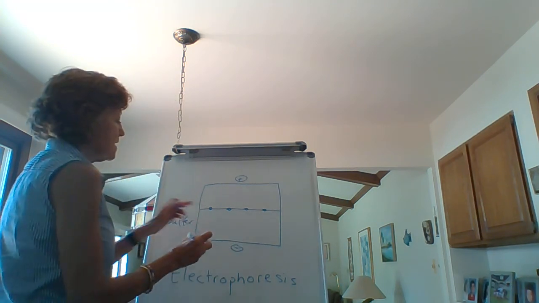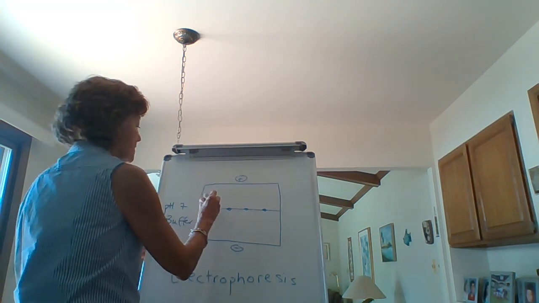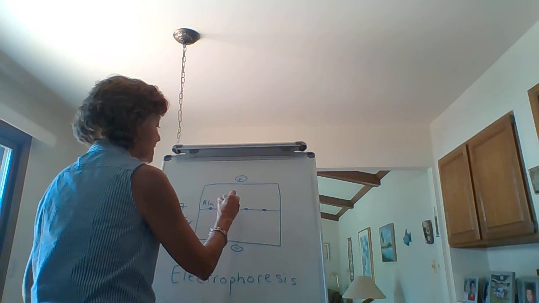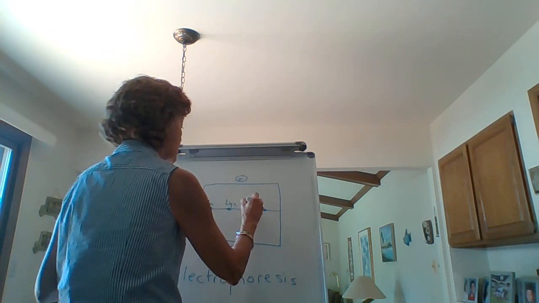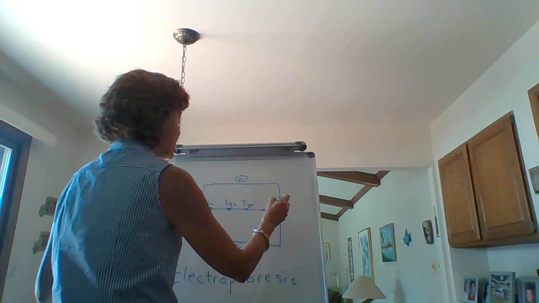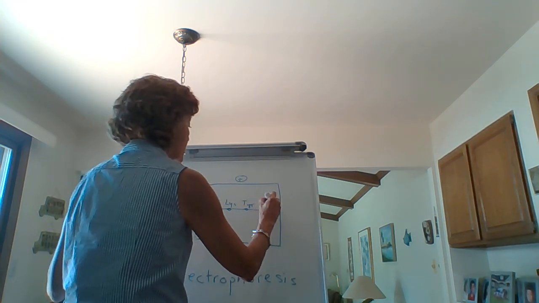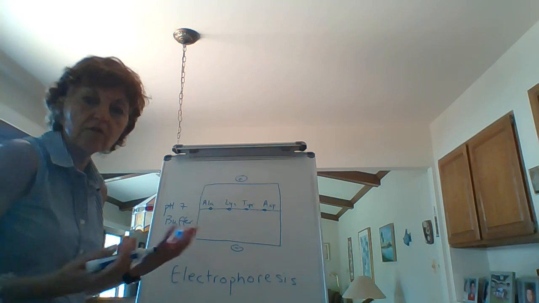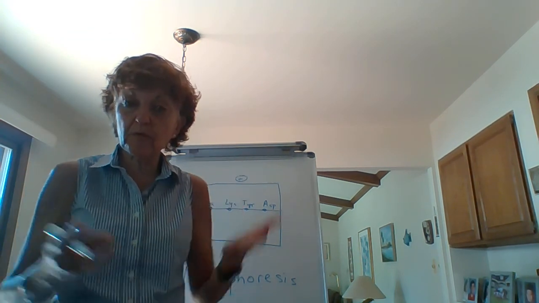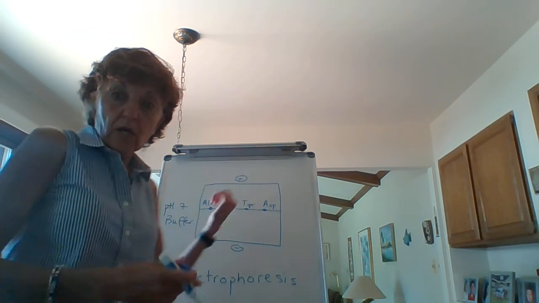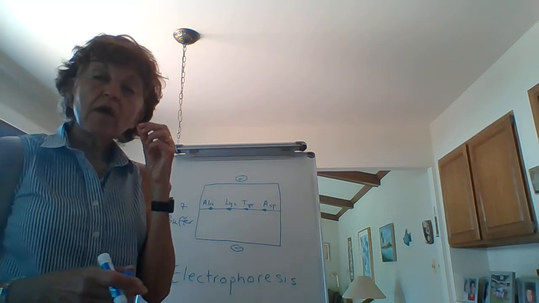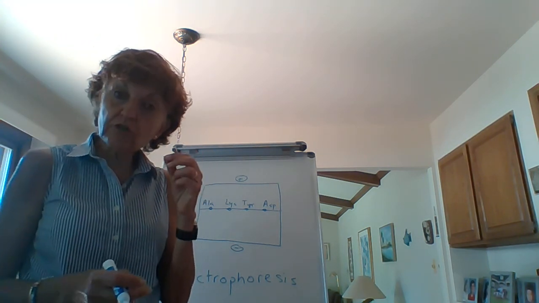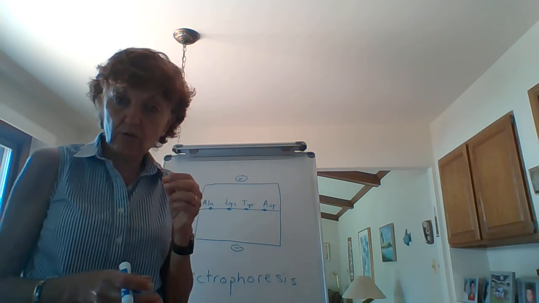Let's say this one is alanine, this one is lysine, this one maybe is tyrosine, and this one is, let's say, aspartic acid. Okay, so these are 4 amino acids, and I want to separate them out using this apparatus here. Now think about the structure and what category these are in.